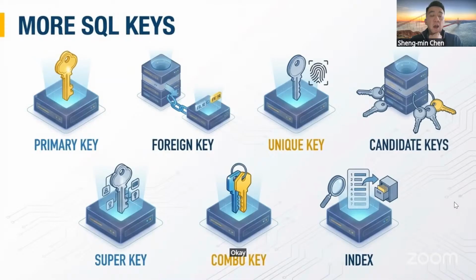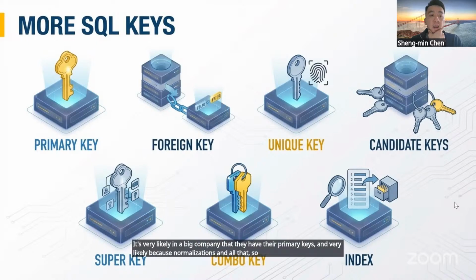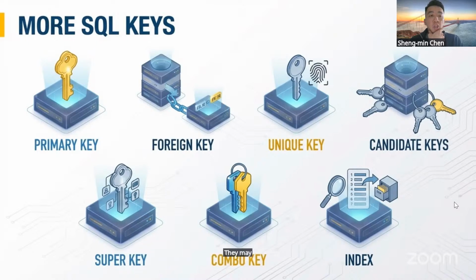Okay. Another example is the customer table that we mentioned for Amazon. It's very likely that a big company has a primary key, very likely because of normalization and all that. By design, they may have one unique column as the primary key so that each row always has its own unique ID and values.